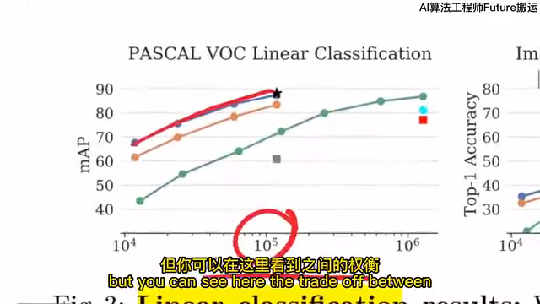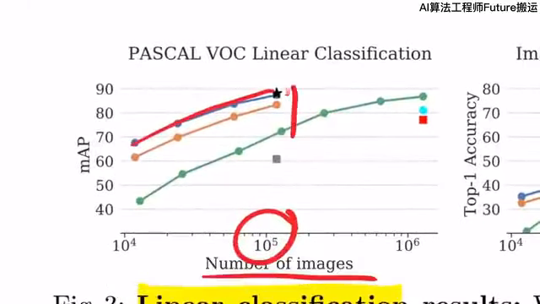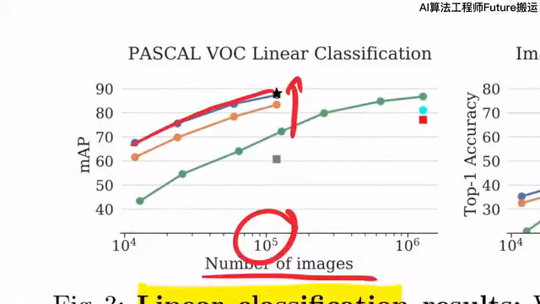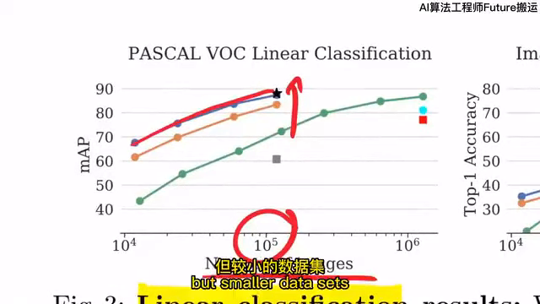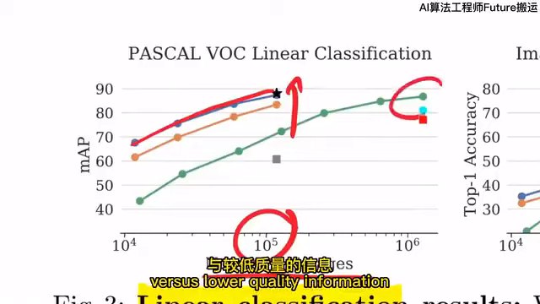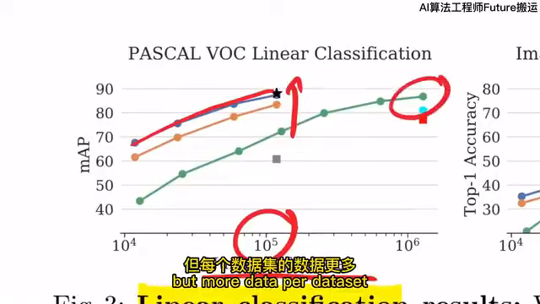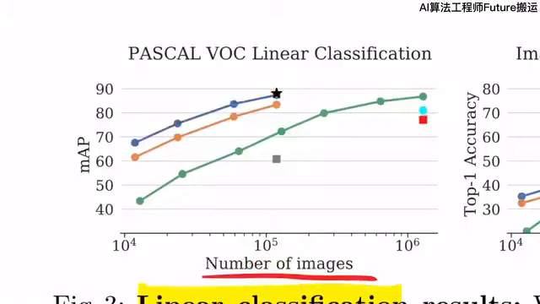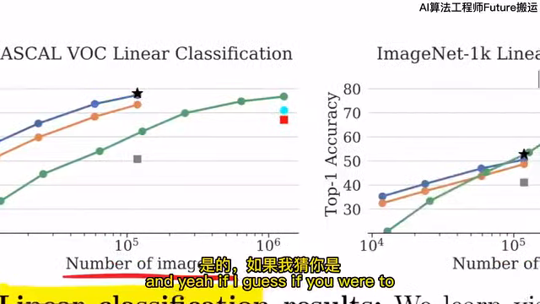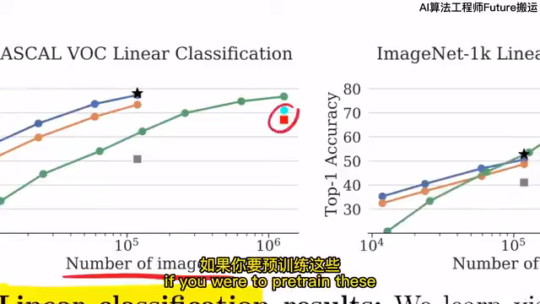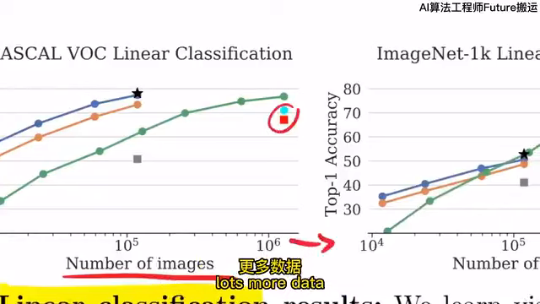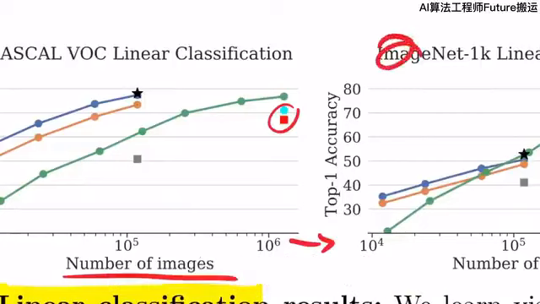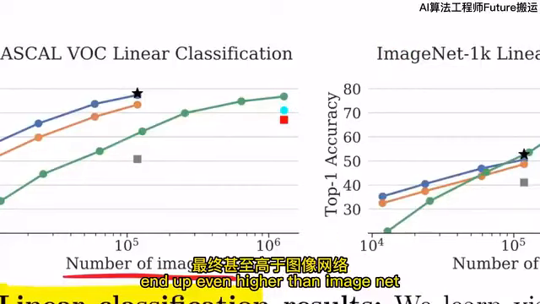But you can see here the trade-off between higher quality information, but smaller data sets, versus lower quality information, but more data per data set. And yeah, if you were to pre-train these self-supervised methods with lots more data, in a self-supervised manner, they would maybe end up even higher than ImageNet.